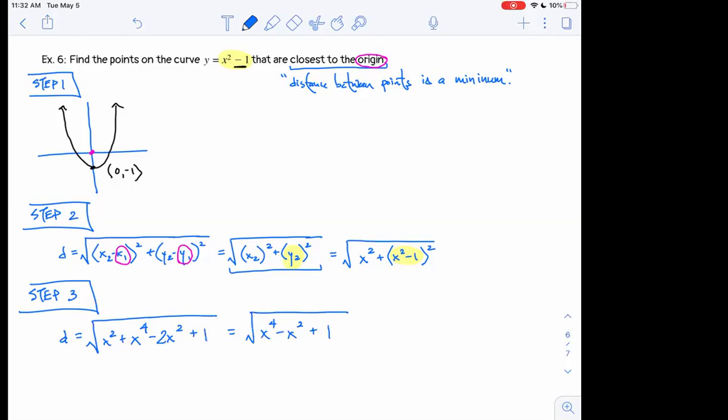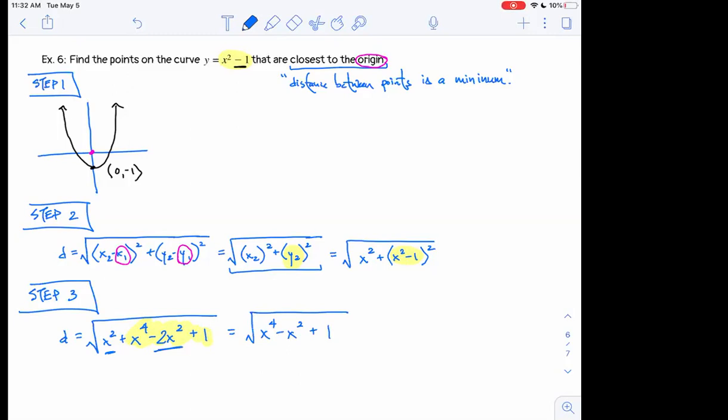All right, so I think I FOILed that out correctly, and I also combined some like terms here. All three terms came from the FOILing of (x squared minus 1) squared, and then I added this x squared with the minus 2x squared.